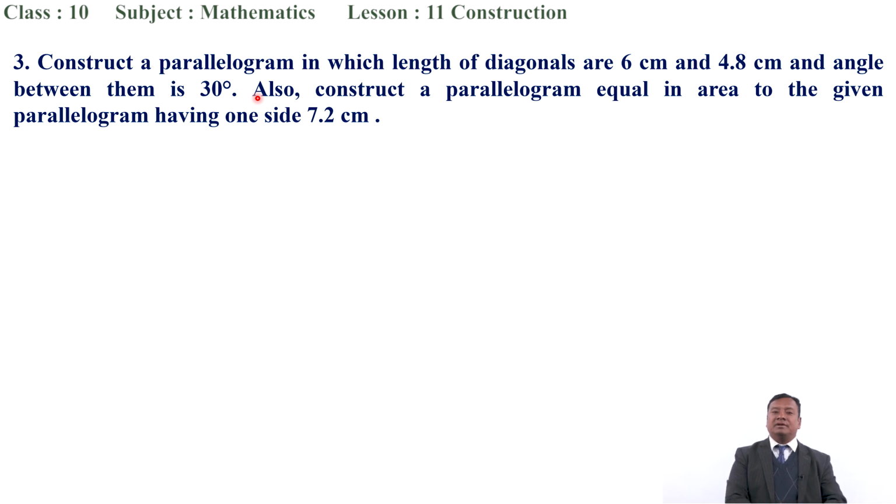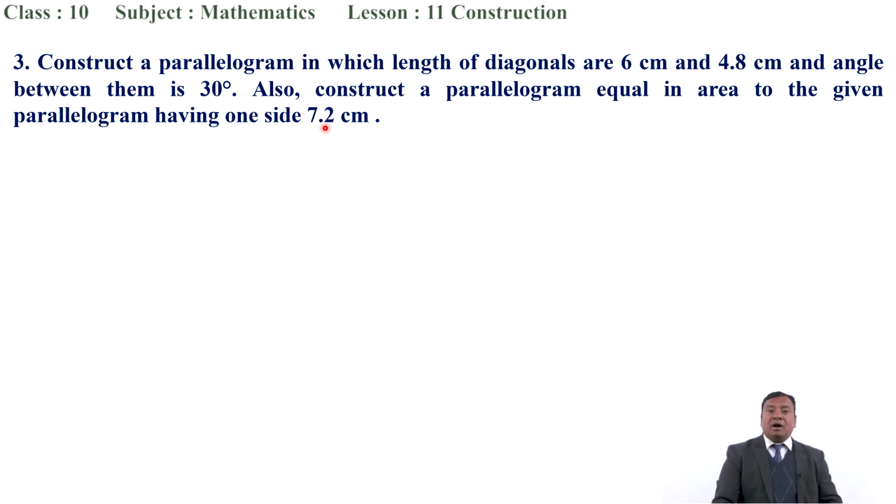After that, you can easily construct the next parallelogram in which one side is given instead of one angle. In the previous question there was a given angle; now instead of the angle we have a side given. So you can do that then.